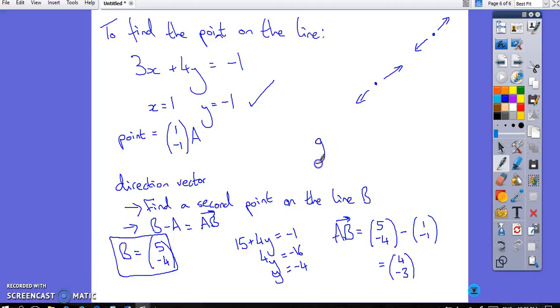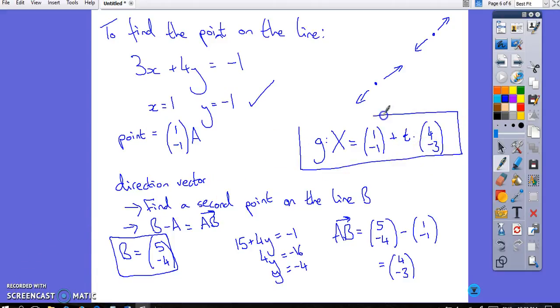So I can write the form now as x is equal to (1, -1), and here I could have equally well inserted (5, -4), plus t times (4, -3). You'll notice that I can write the t before or after the direction vector because multiplication is commutative. It really doesn't matter, but it's conventional to write it beforehand. So I found the vector equation of my line using the first method that I mentioned.